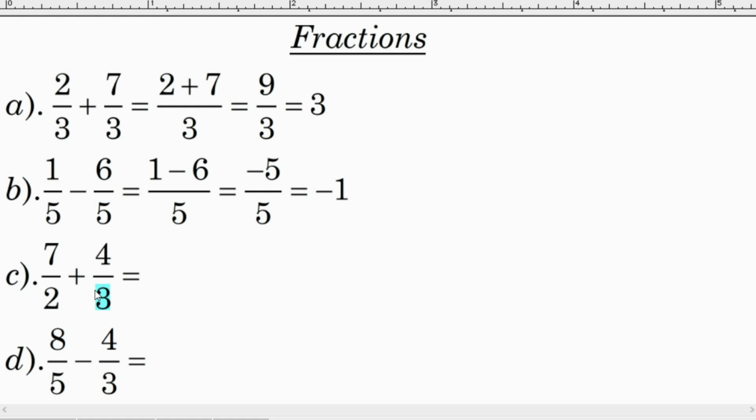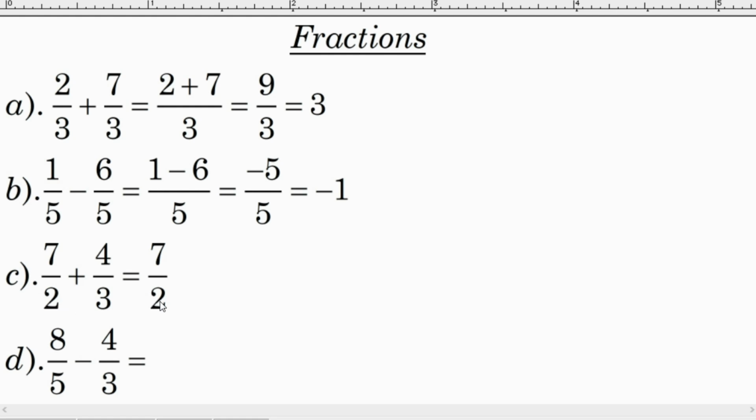To do that, we have to multiply the first fraction by 3, and the second fraction by 2. So here's what we have: 7 divided by 2. The same denominator for these two fractions is 6.